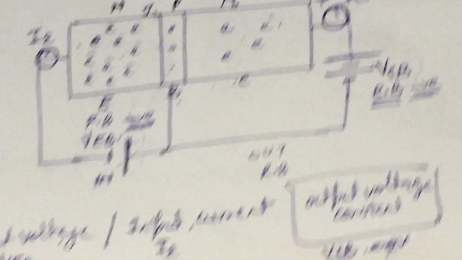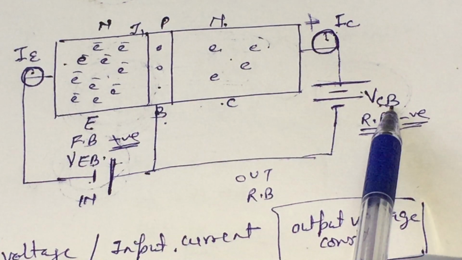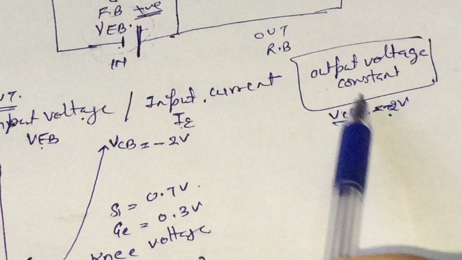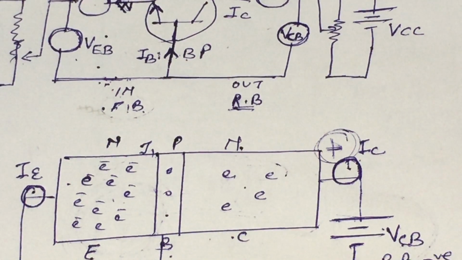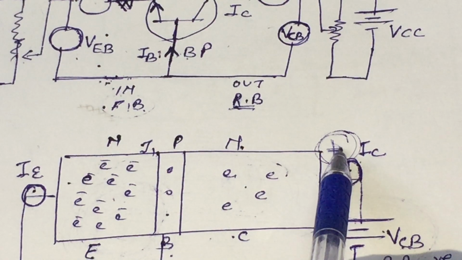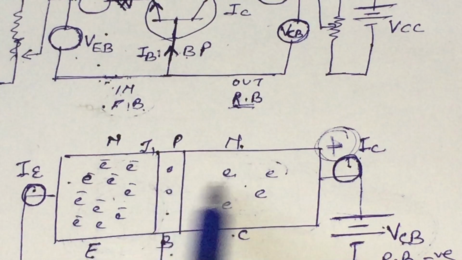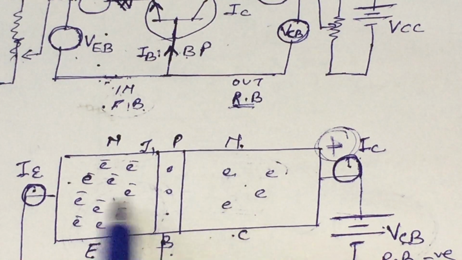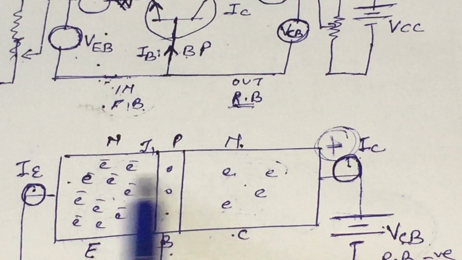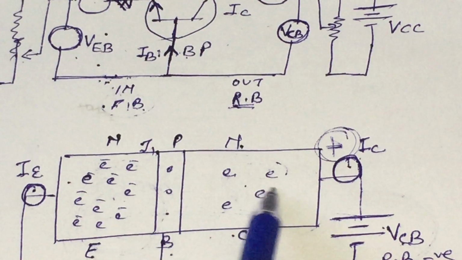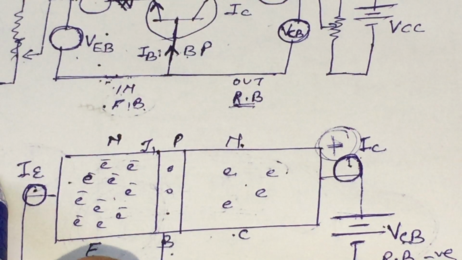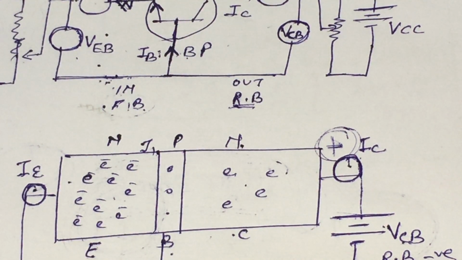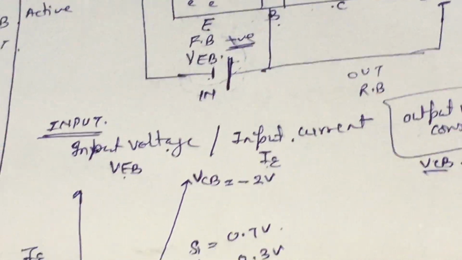Now if we increase the reverse biasing voltage from minus 2 volt to minus 4 volt, what will happen? If this potential increases, it will attract the electrons with large force, and due to the increase in the motion of the electrons, the emitter current will show a sharp increase at a low voltage.